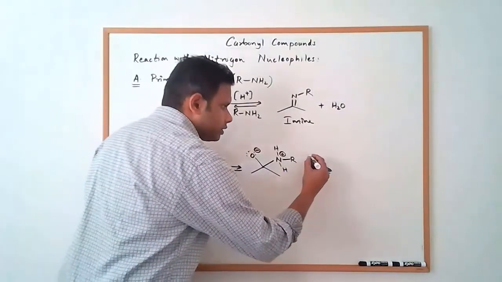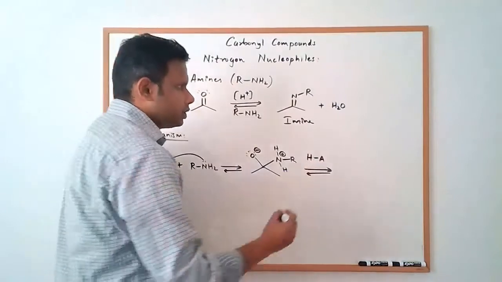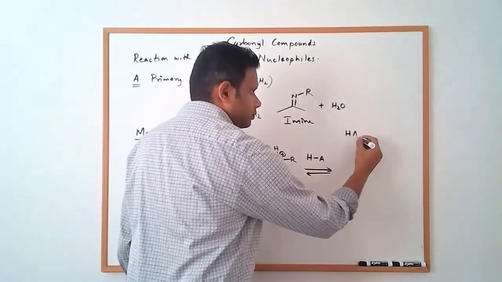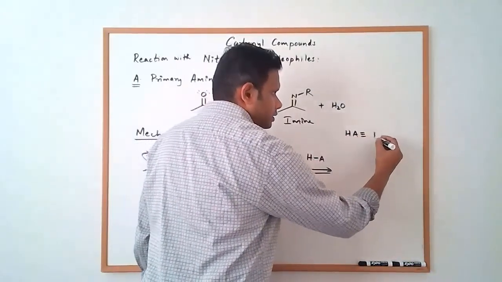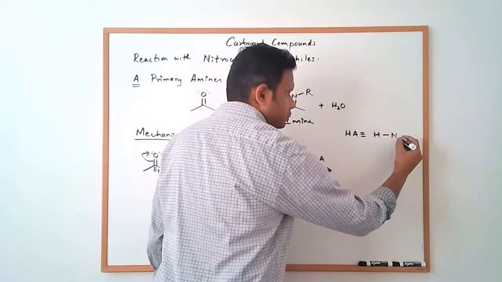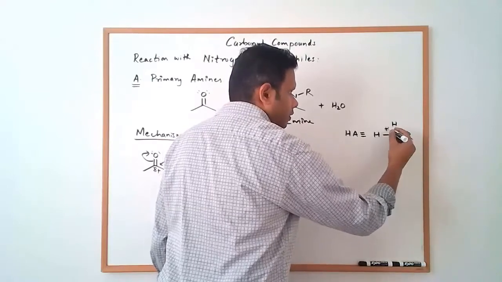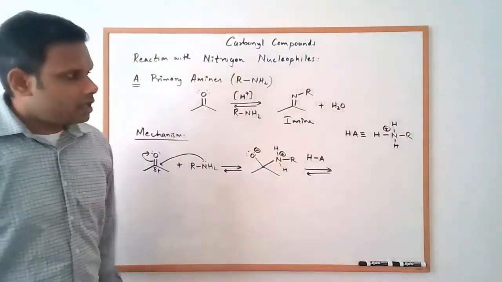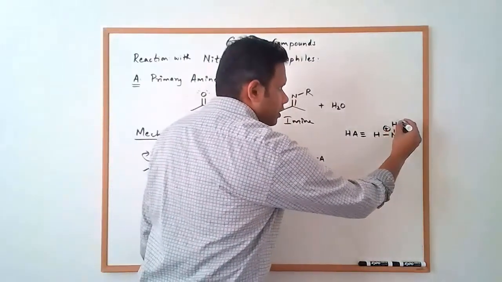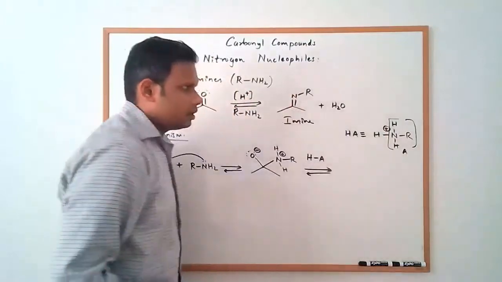We're going to represent the ammonium ion by just an HA. So HA in this mechanism is HNH2R. That is HA, where all of this is A, okay?